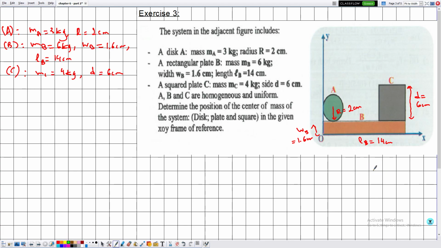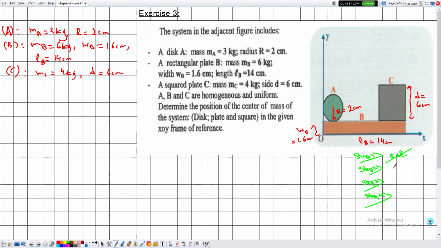So in order to determine the center of mass, usually we follow 4 steps: step number 1, step number 2, step number 3, and step number 4. So in step number 1, we choose a reference, which is already done.